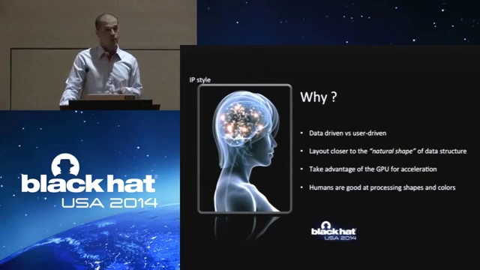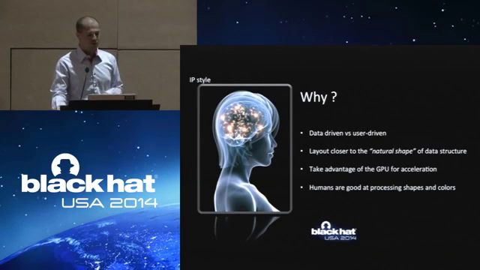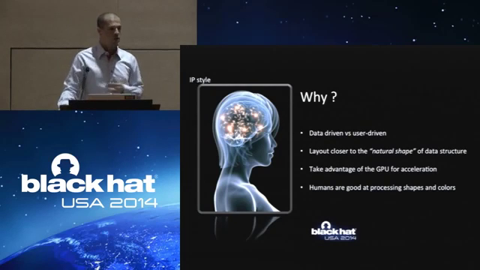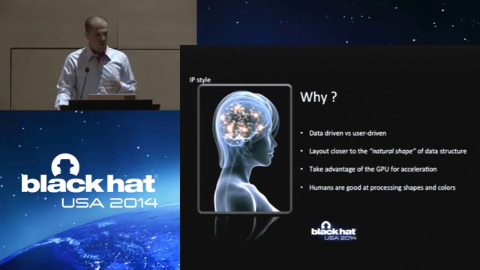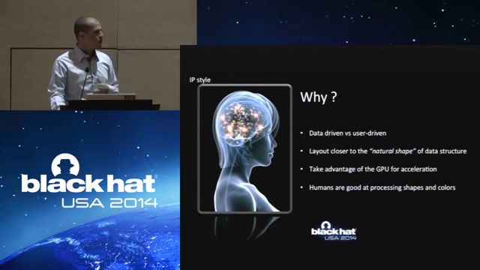It is much closer to what I like to call the natural shape of the data structure. And we can take huge advantage of the GPU for acceleration. Nowadays the GPUs have become insanely good at vectorial computation, so it would be a shame not to take advantage of that. And finally, main point, humans are so much better at processing shapes and color. We're going to see that in a second.